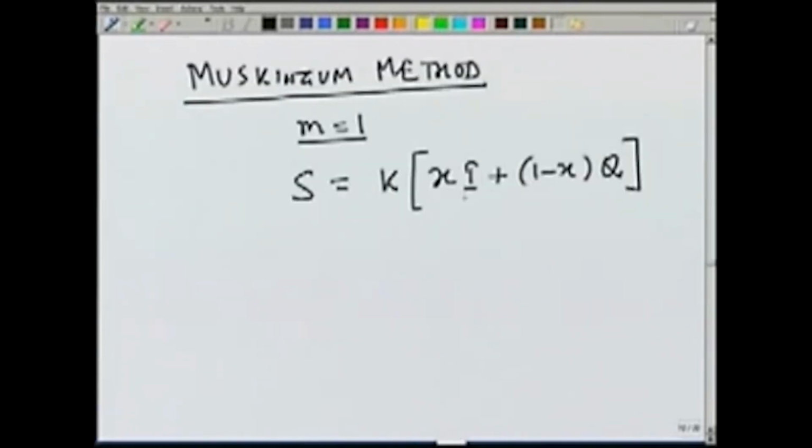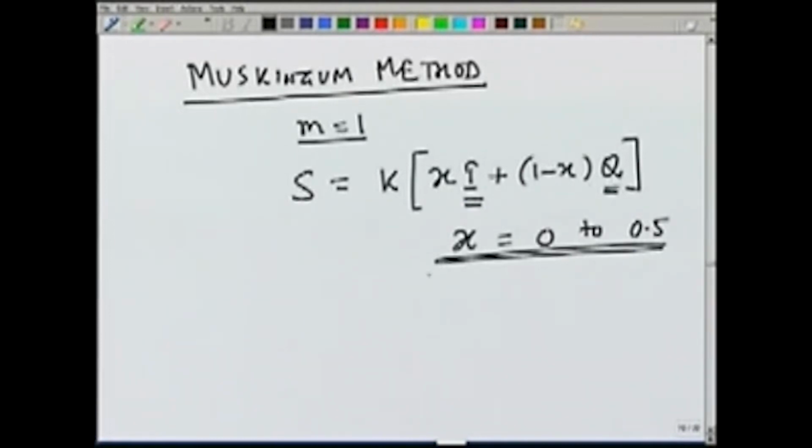Therefore, we will have only I here and Q here. X is the weight which for the Muskingum method is typically taken to vary from 0 to 0.5. 0.5 means we are giving equal weight to the inflow and the outflow, and 0 means we are giving no weight to the inflow and a weight of 1 to the outflow.